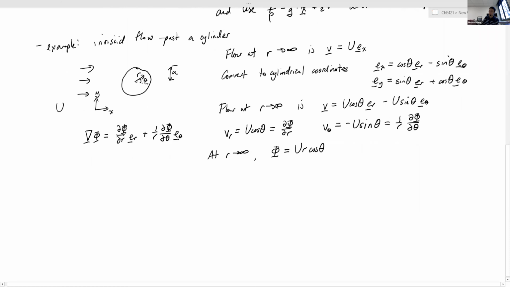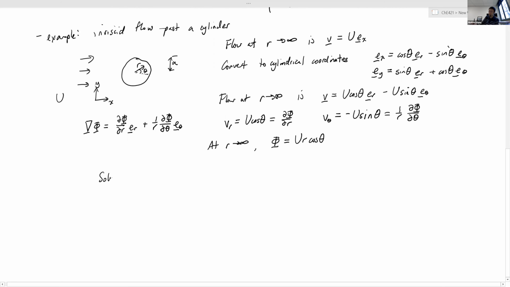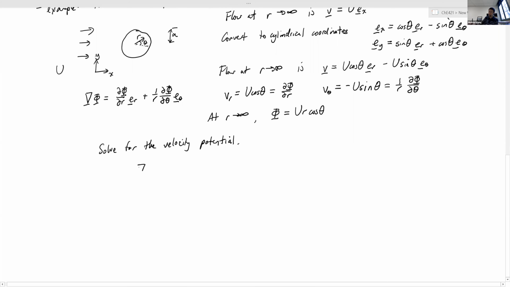And so now, basically, we need to solve for the velocity potential. Okay. That equation looks like this. Del squared phi, which in coordinates looks like this.